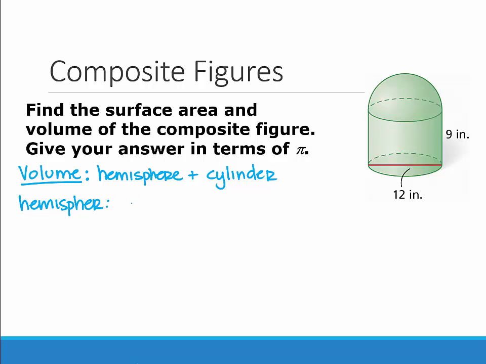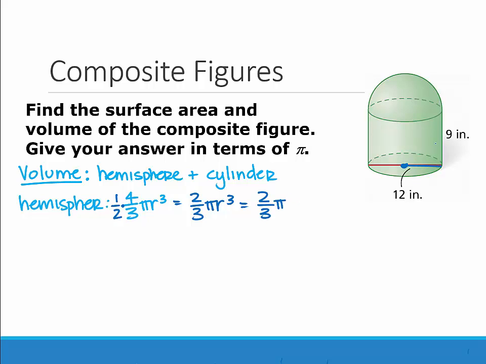Remember that an entire sphere is 4/3 pi r cubed, but we only want half of this. So if we multiply this by a half, we end up with 4/6, which is the same thing as 2/3 pi r cubed. So plug in the only value we need to: the radius.